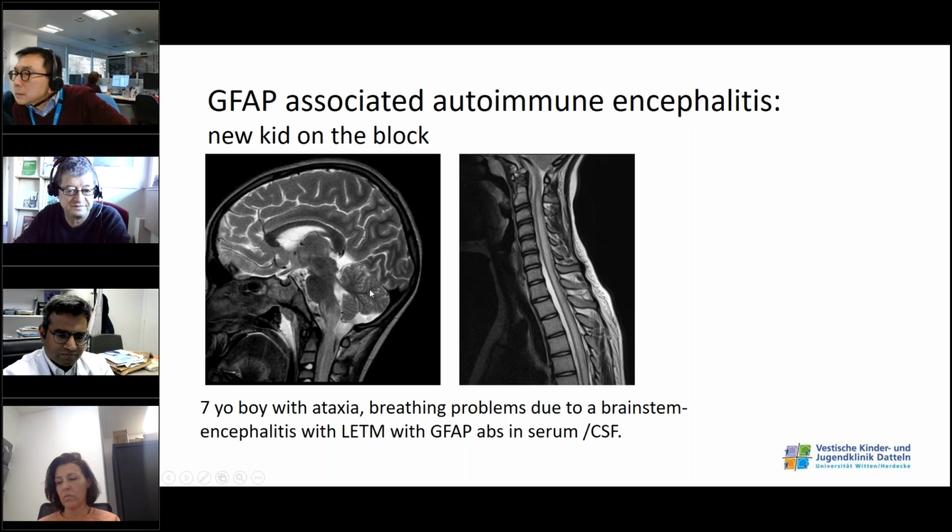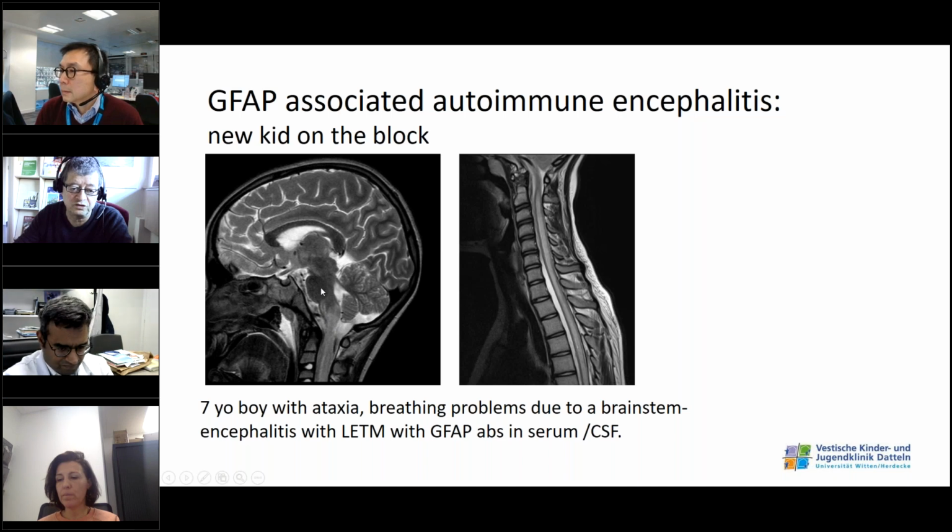This is a very characteristic patient of that group. It's a 7-year-old boy with ataxia, breathing problems, and an encephalopathy. As you can see on the MRI, it's a longitudinally extensive transverse myelitis, with brainstem involvement, especially the medulla, but also the pons and structures lying higher above.